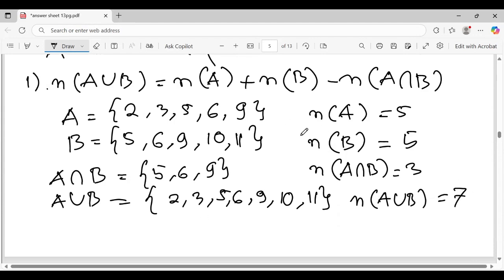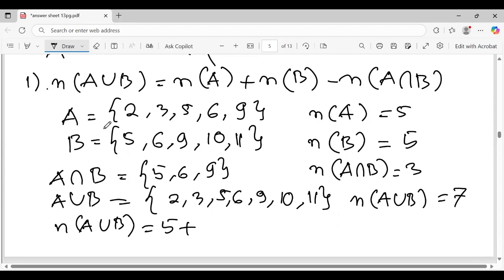Now we are going to prove this equation, this statement. For n of A union B, based on this statement, n of A, how much? 5.